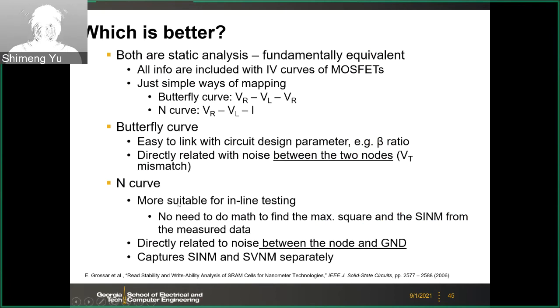And the Uncurve is more suitable for inline testing. Inline testing means you have a wafer and you plot the array, and you can directly measure the margin for the current and voltage. So this is easier in practice.